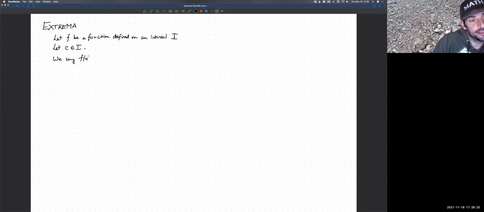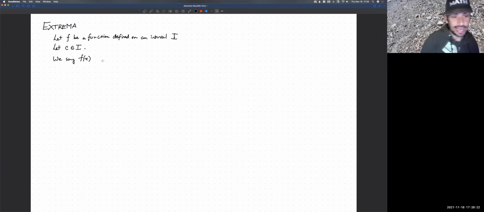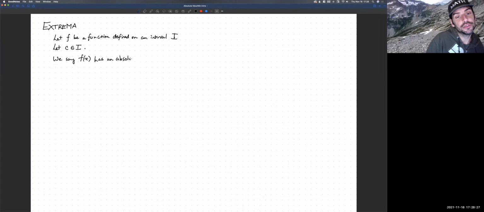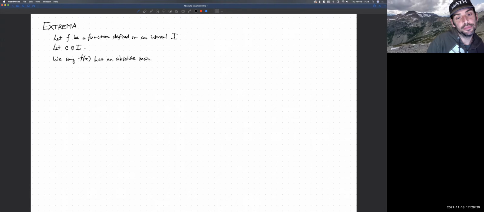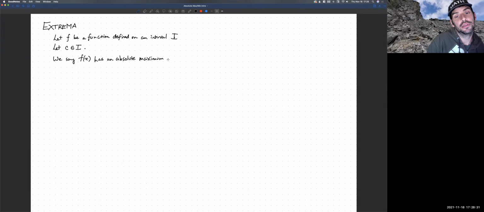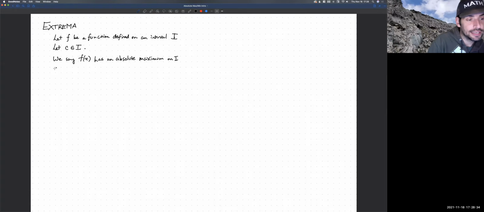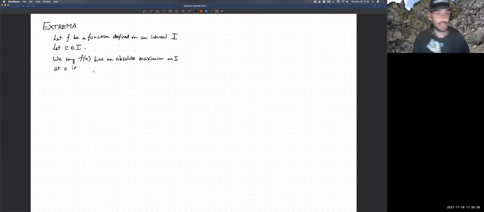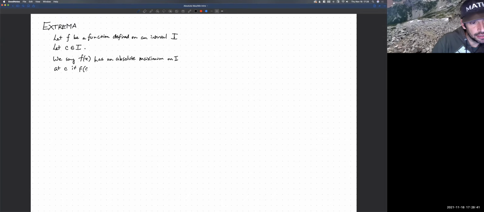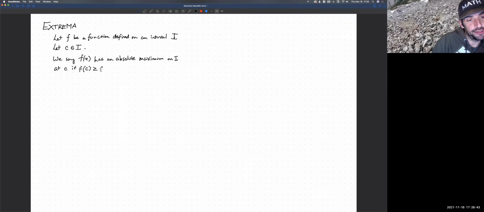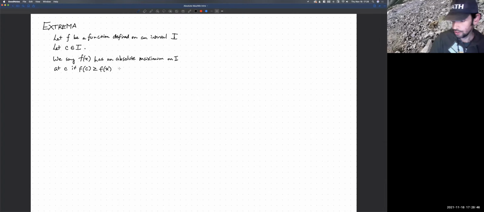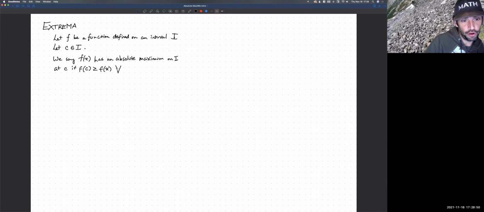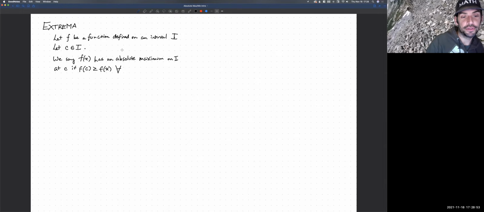We will say that f of x has an absolute maximum on I at C if f of C is greater than or equal to f of x for all x that are in the interval I. I'll use some symbols here to shorthand this: the upside down A means for all.